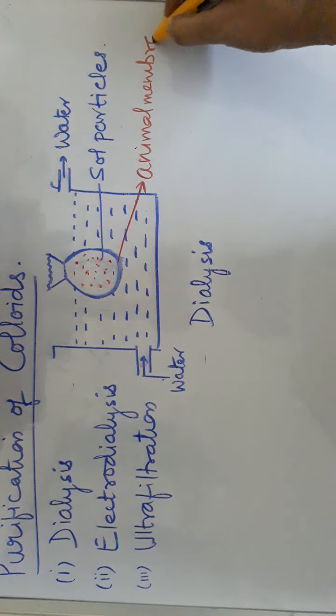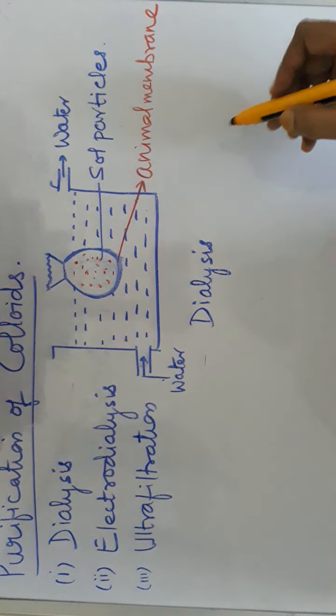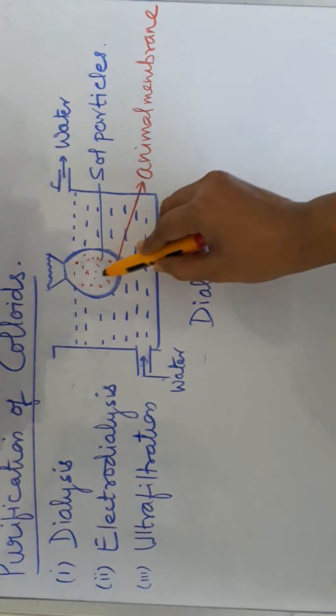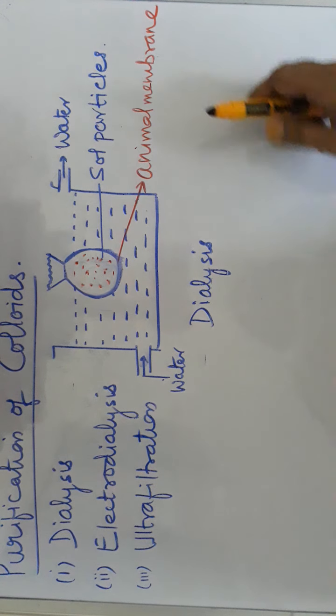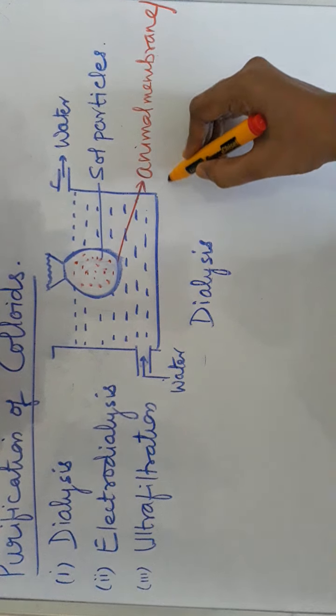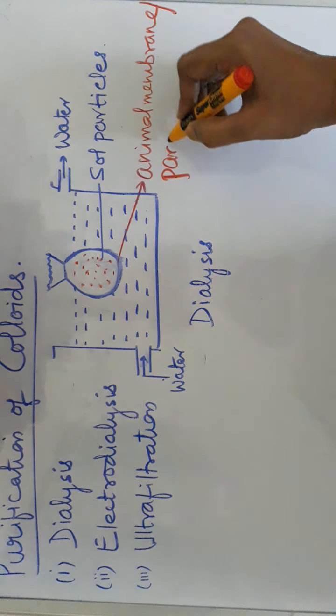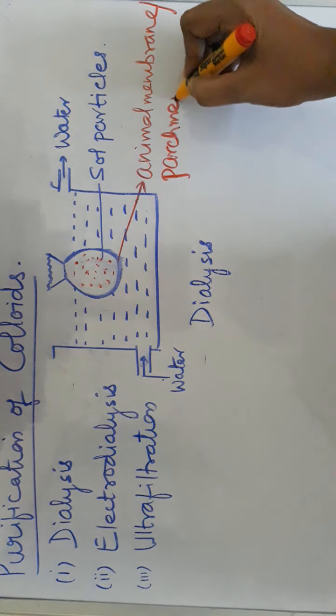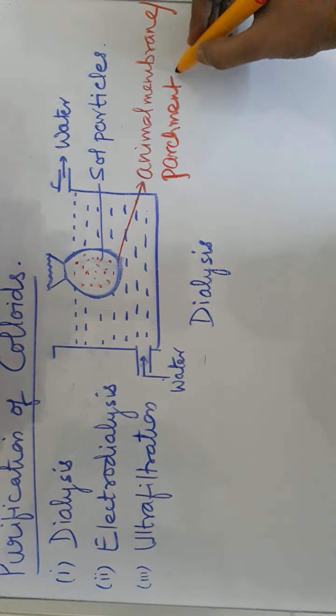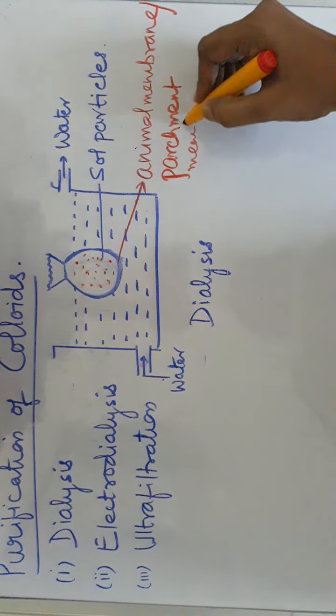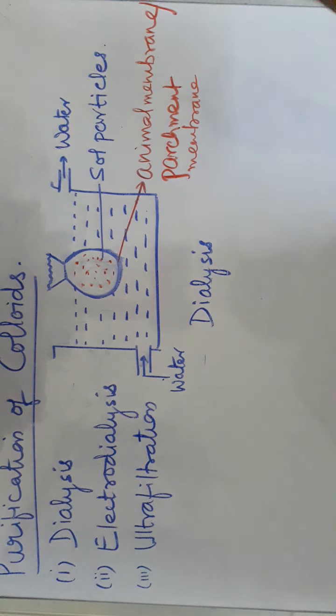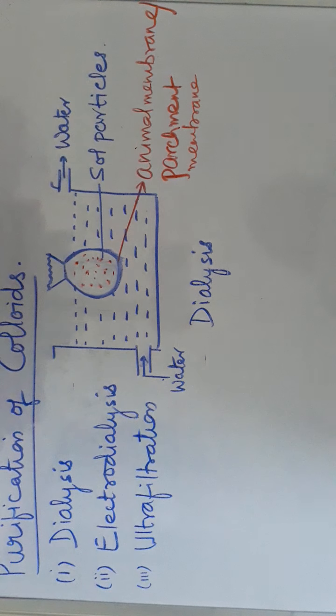Selectively permeable means it will allow only the impurities to diffuse through the membrane. It can be animal membrane, parchment membrane or cellophane paper. These are the common selectively permeable membranes used for dialysis.